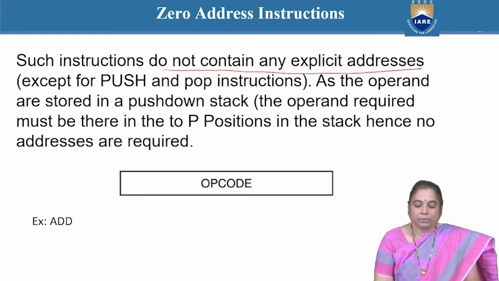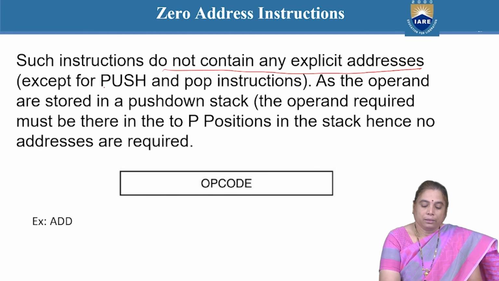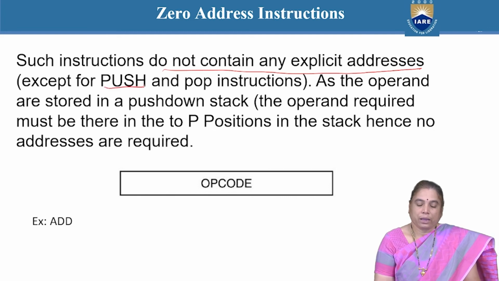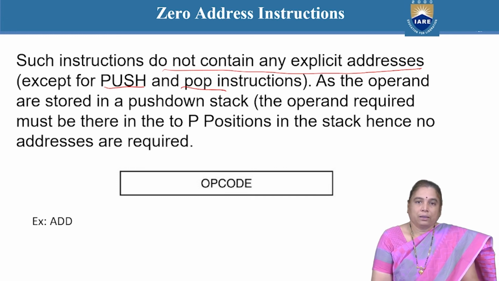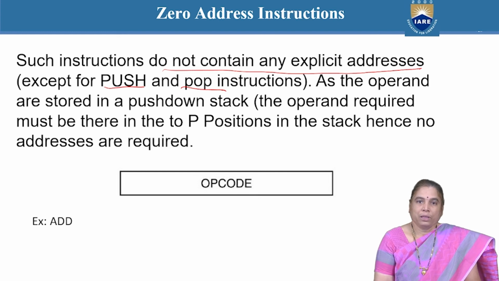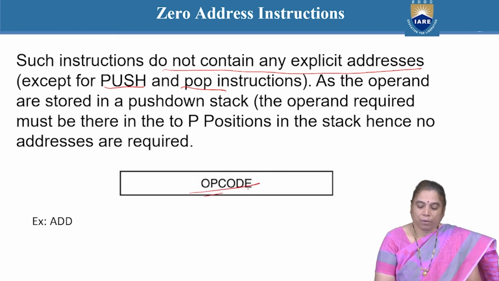So here the stack data structure can be used. The operands can be inserted in the stack with the help of the push operation and fetched from the stack with the help of the pop operation. With the help of this stack, the operands can be easily pushed and popped, and only the operation to be performed needs to be specified with the opcode.